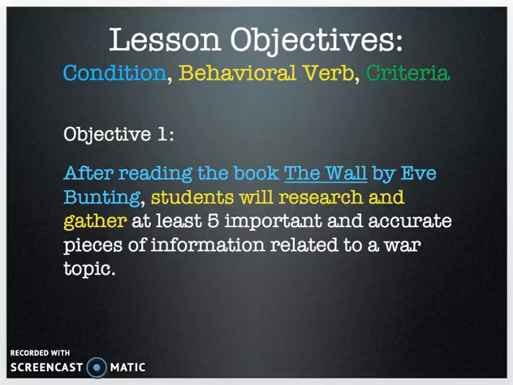Students will research and gather. I can observe them researching and gathering this information. And then the criteria is I should find 5 important and accurate pieces of information related to a specific war topic.